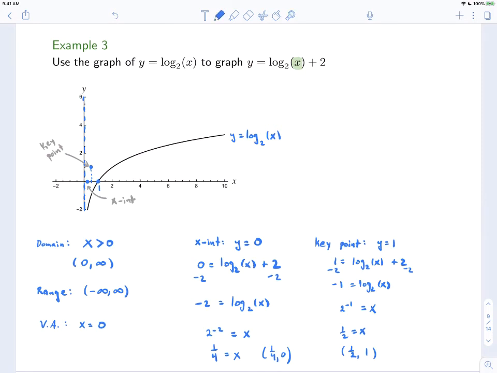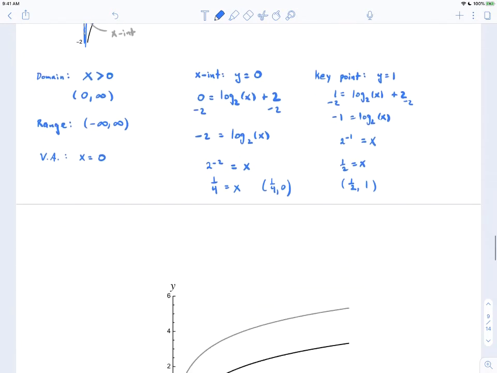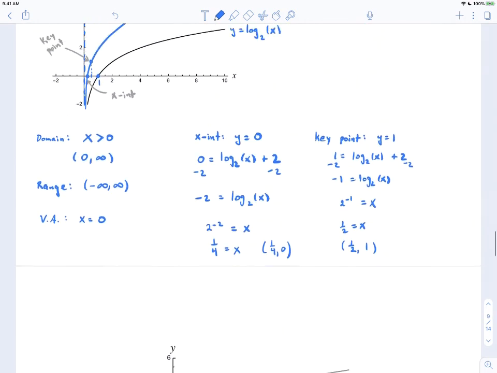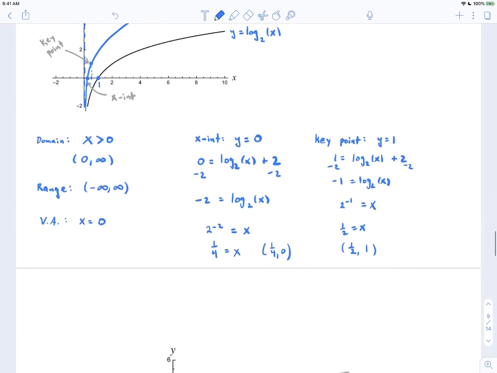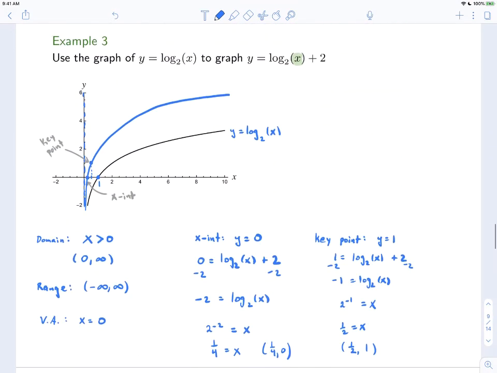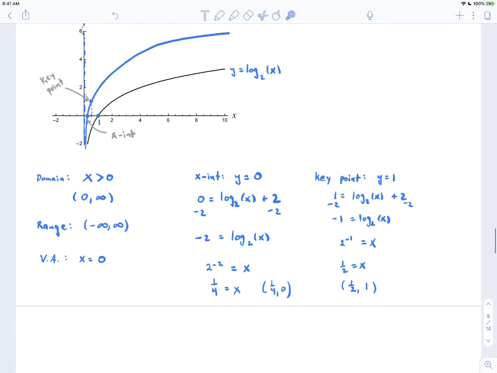So it's going to look something like that. Now, I've done this on a computer, and it's on the next slide so we can compare to see how we did. And there we go. Not too bad. If you wanted to be more precise, you could compute extra values on the curve just to get a better idea of the shape.